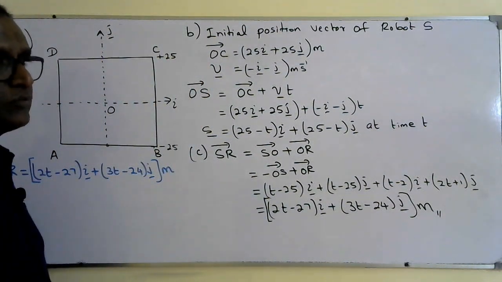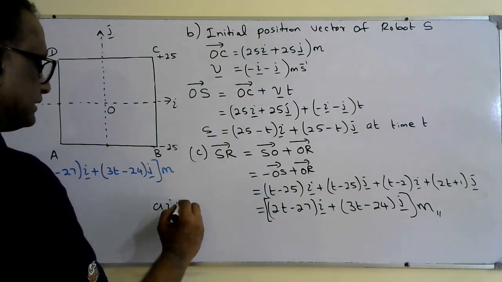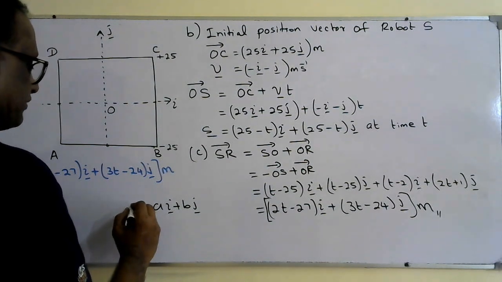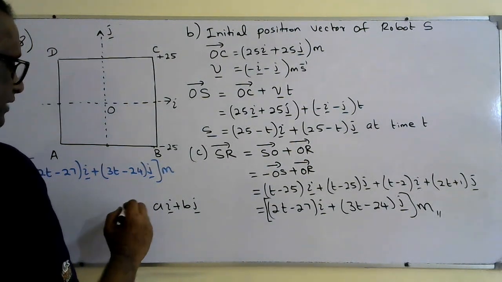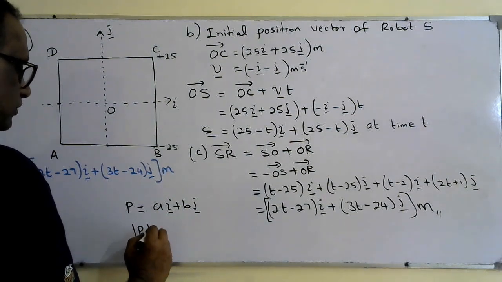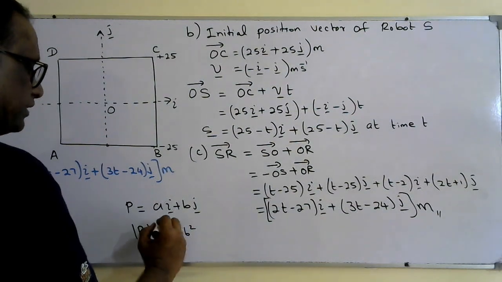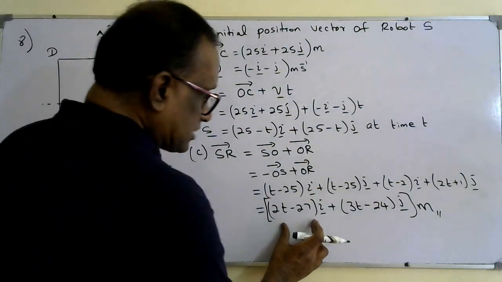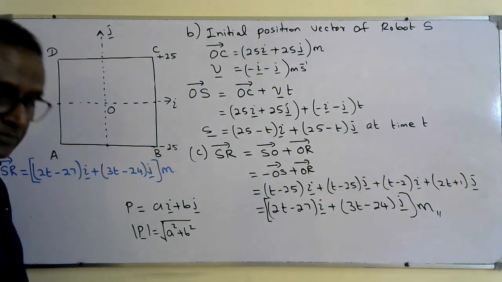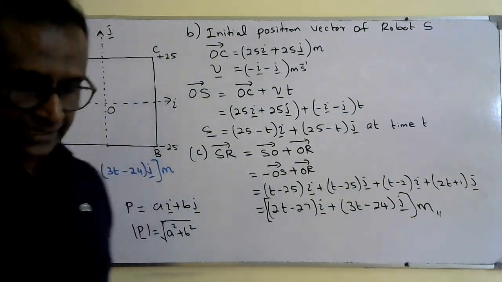You know how to find the modulus of a vector. If the vector is ai plus bj, say for example vector P, then the modulus of vector P is equal to the square root of a squared plus b squared. So we need to find the square root of this square plus this square. We'll get it in terms of time and continue to find the shortest distance.